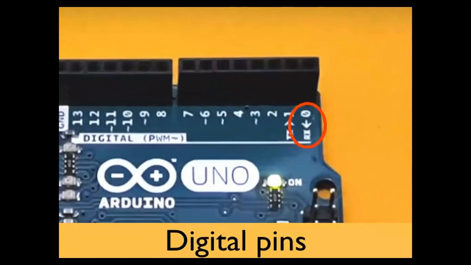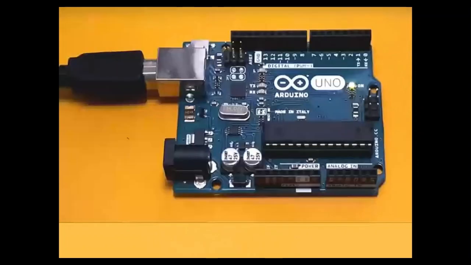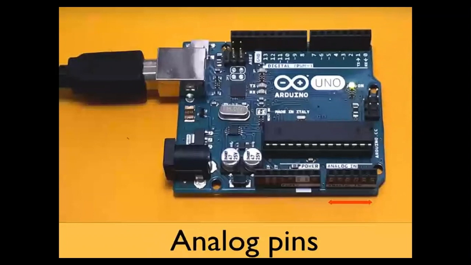Here, 0 RX stands for receiving. 1 TX stands for transmitting.